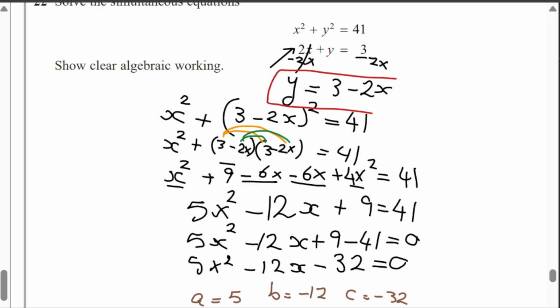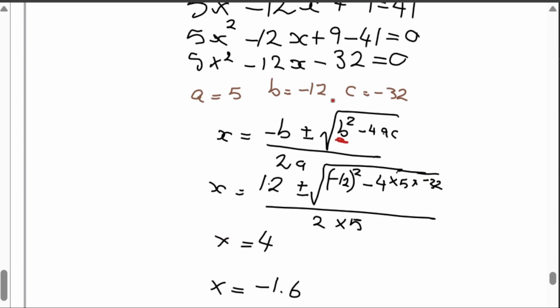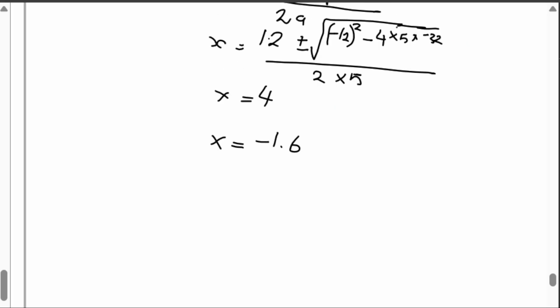And we have a nice equation here ready for us to use. y is 3 minus 2x. Let's write it down. y equals 3 minus 2x. Now for the first value of x, y is going to equal 3 minus 2 times the value of x, which is 4.